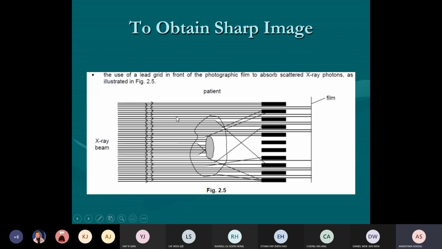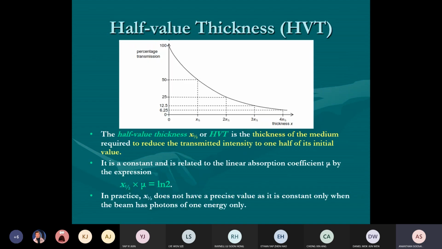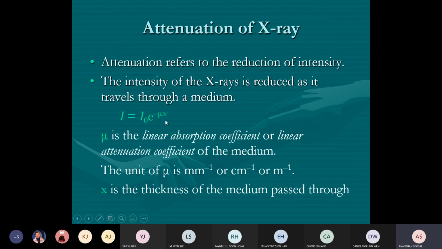Then finally, attenuation and absorption. This is also a quite common calculation, but not that difficult. You know the thickness, you find the final intensity. Sometimes they can trick you. They'll ask what is the intensity absorbed inside the medium. That is actually I naught minus I. I naught minus I is the intensity absorbed in the medium.